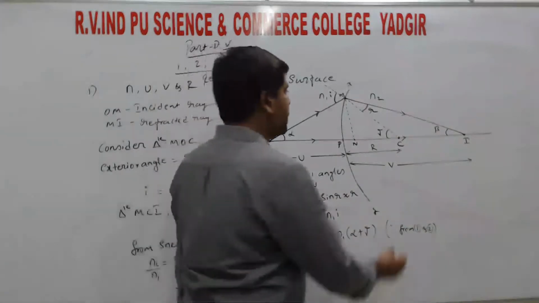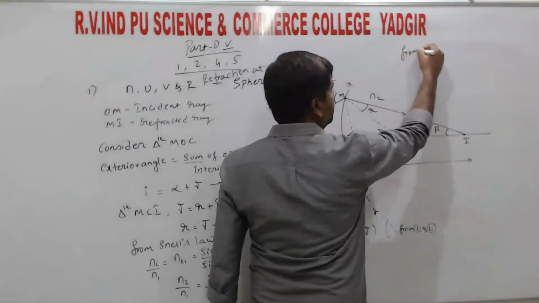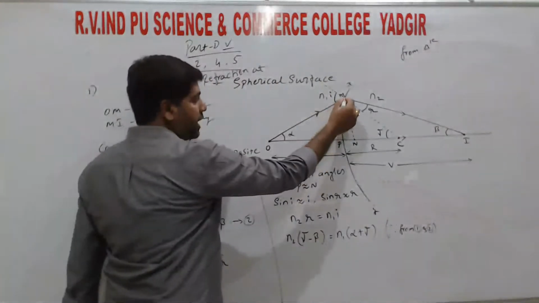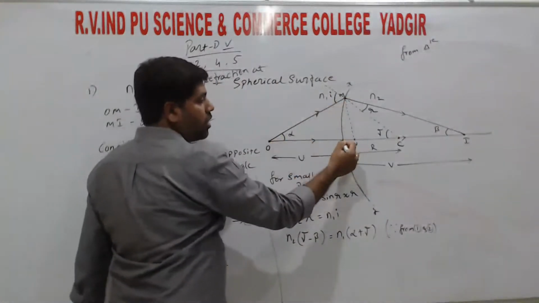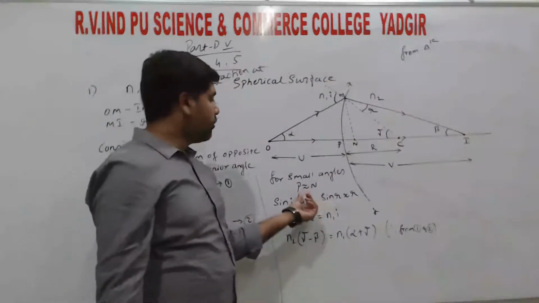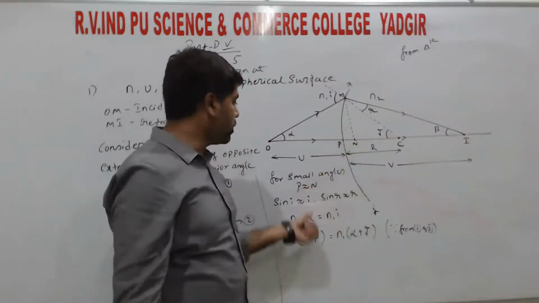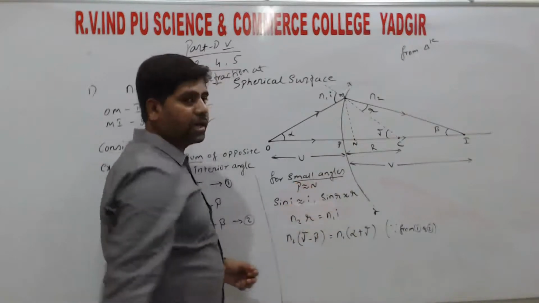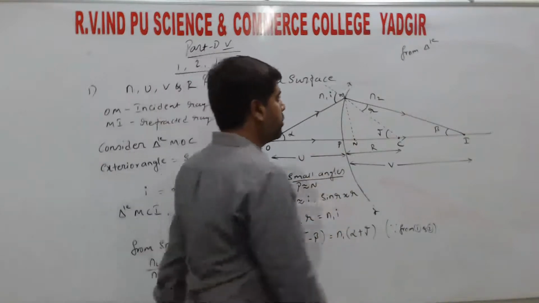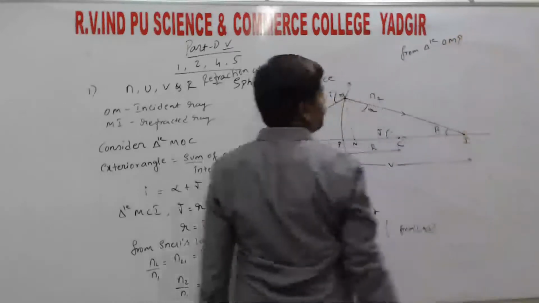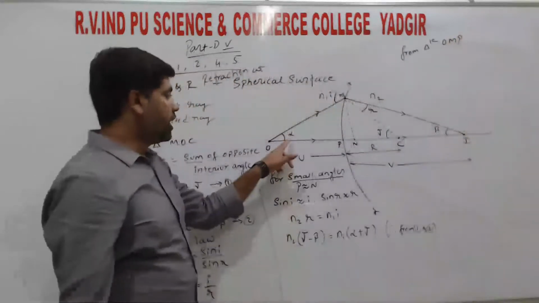So again, considering the triangle MOP, or MON, because P is almost equal to N, we can write P and N as the same, because we are considering small angles. Throughout the derivation this is applicable. So from triangle OMP, here we have alpha.